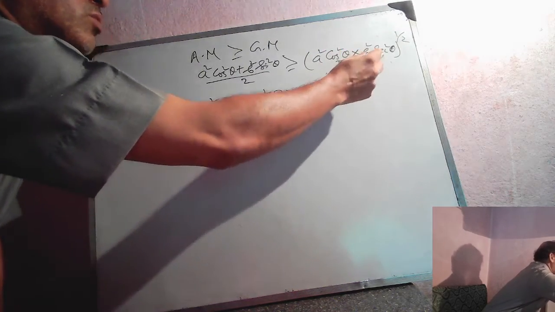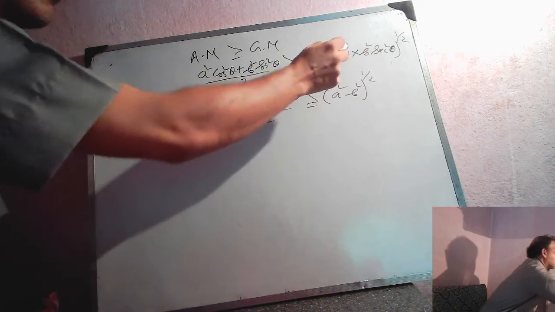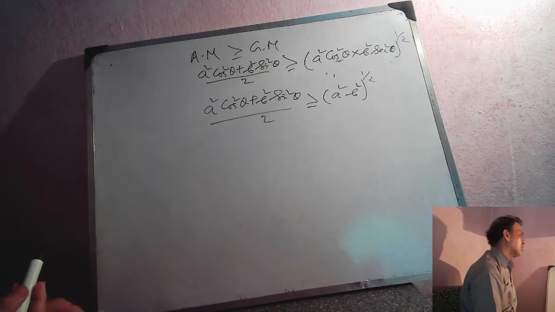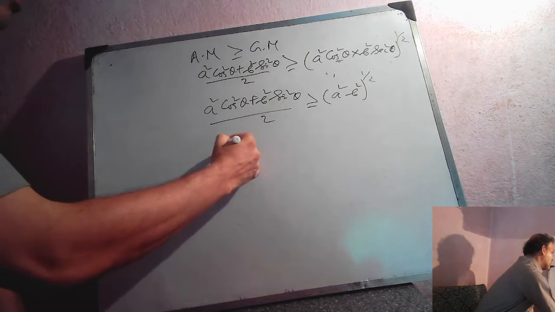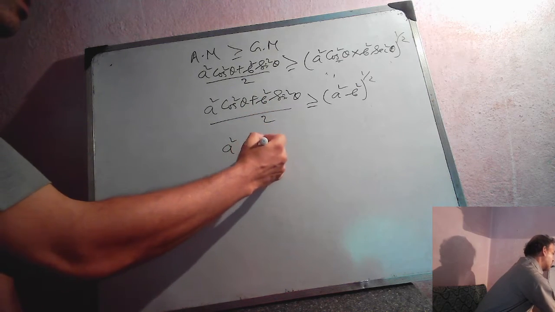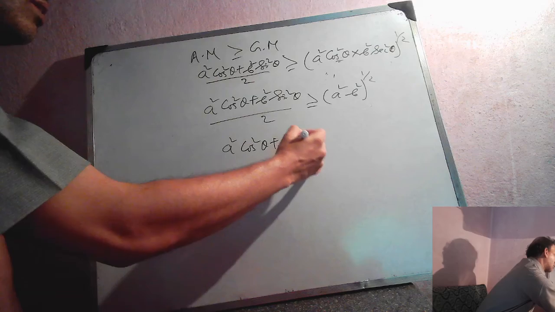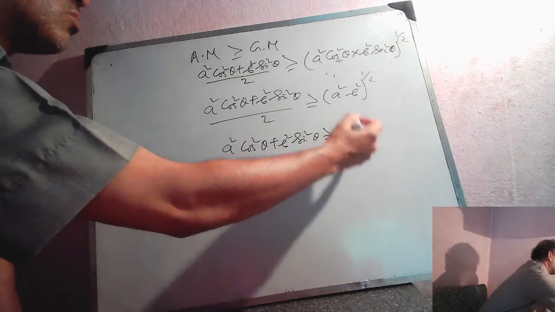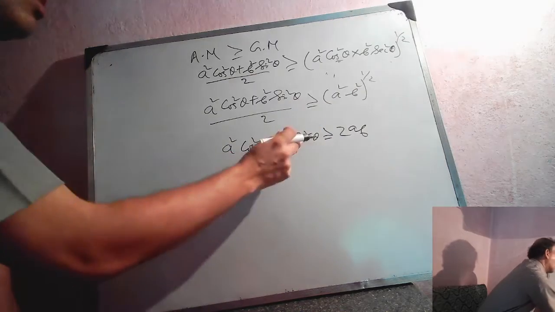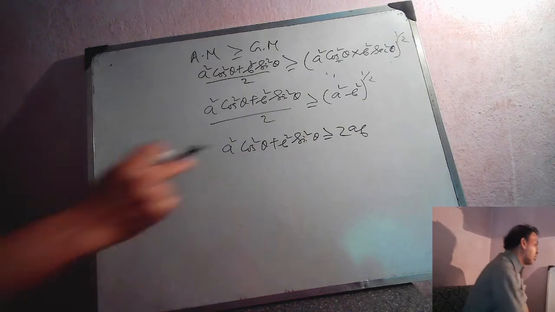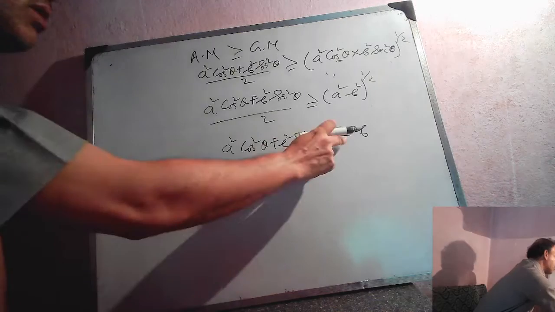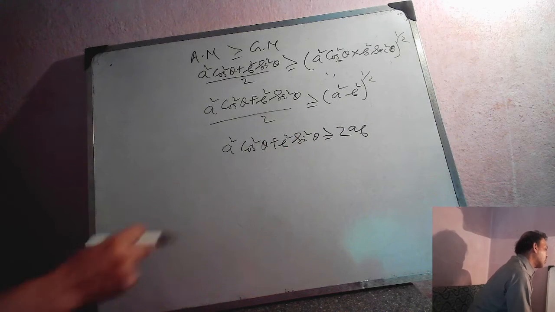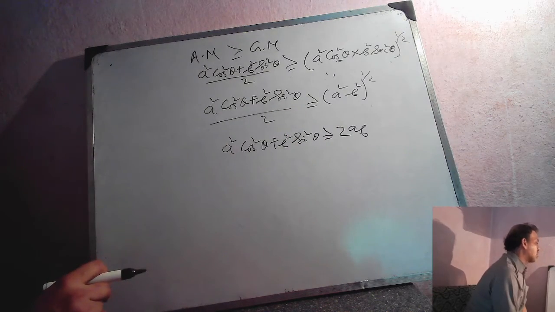Why? We know sec theta equals 1 by cos theta, so they cancel each other. Therefore a square cos square theta plus b square sec square theta is greater than or equal to, transposing 2 here, 2ab. So its minimum value will be 2ab, but we can't forecast its maximum value.